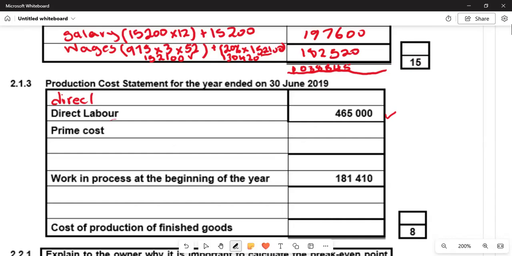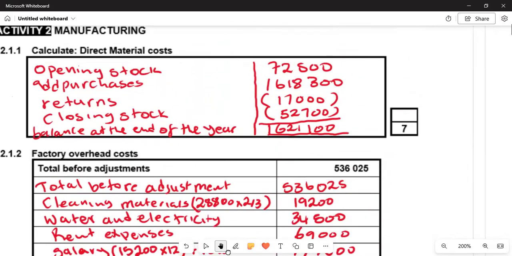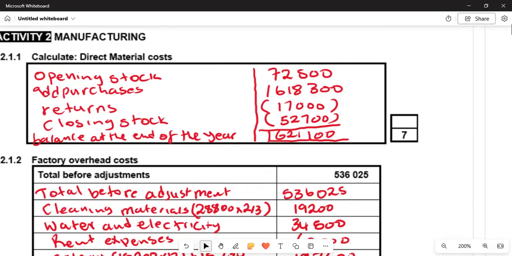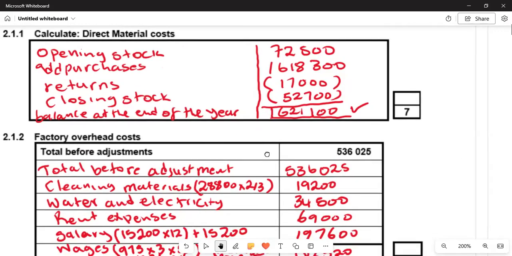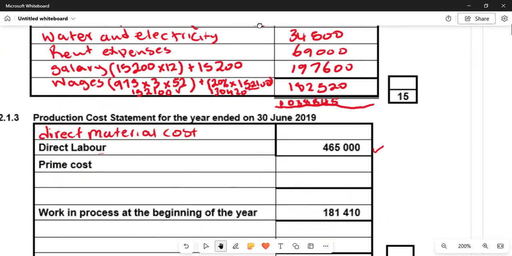Direct material cost we calculated first, so we now know how much it is. It is 1,621,100, which we enter here as our direct material cost.